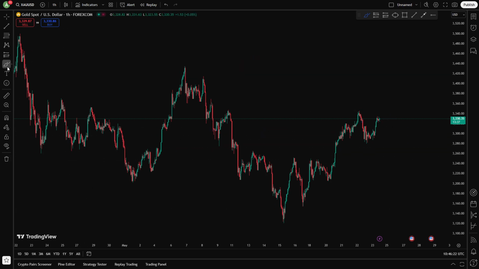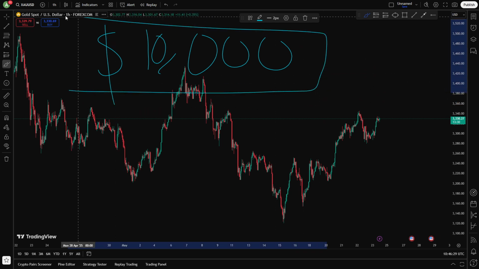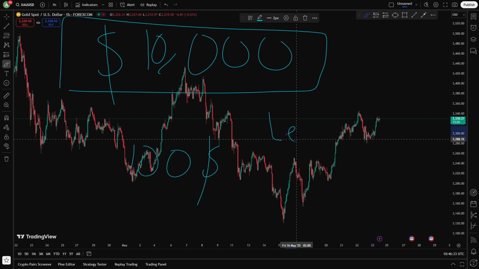Okay, let's say you're trying to open a position worth $10,000, but you only have $100. That is when leverage comes in, which in simple terms is something like a loan that comes from your broker.